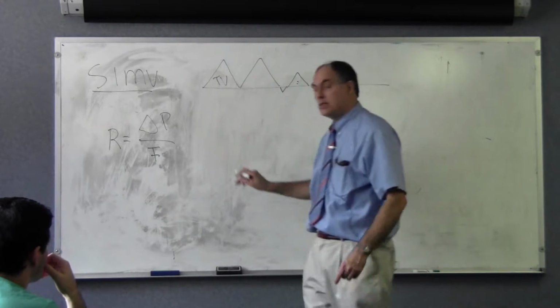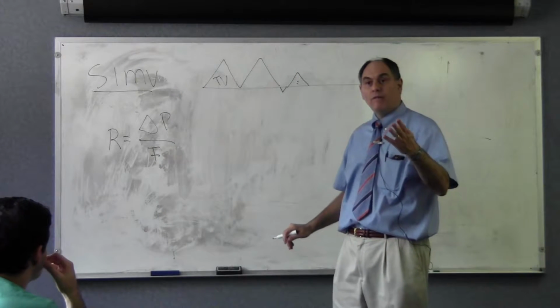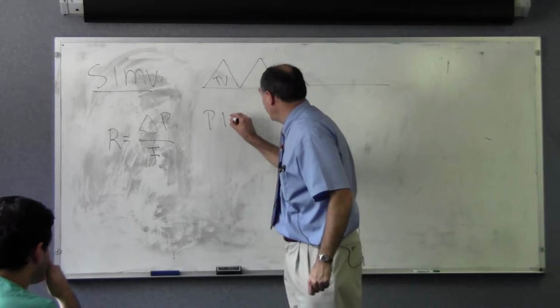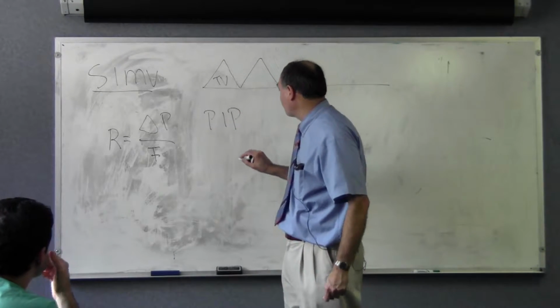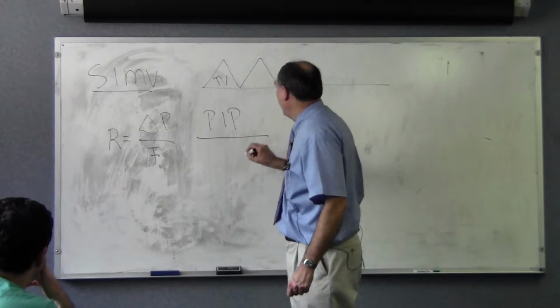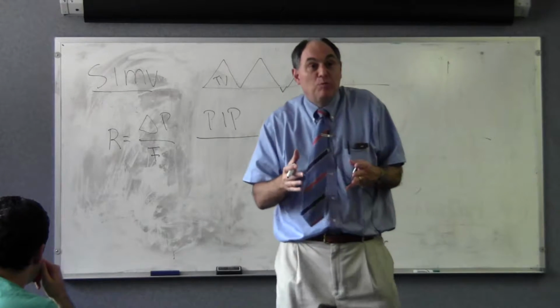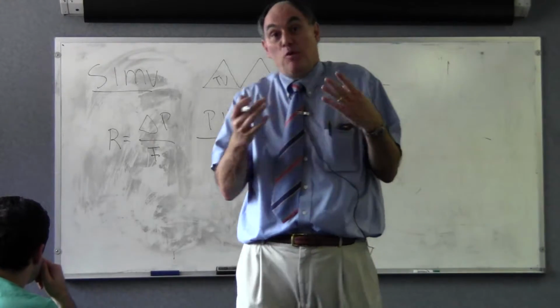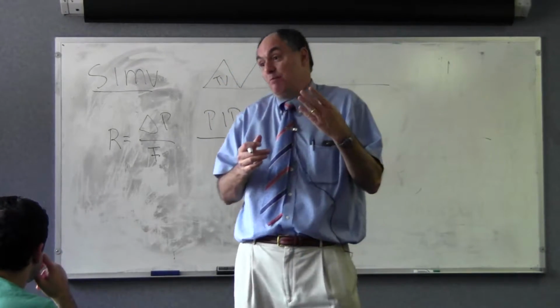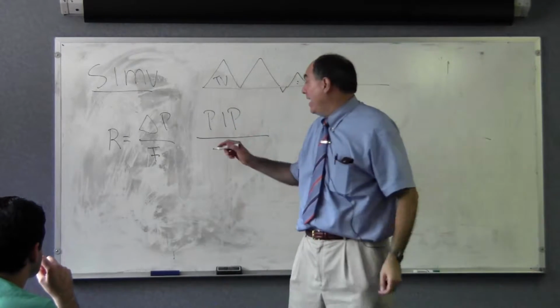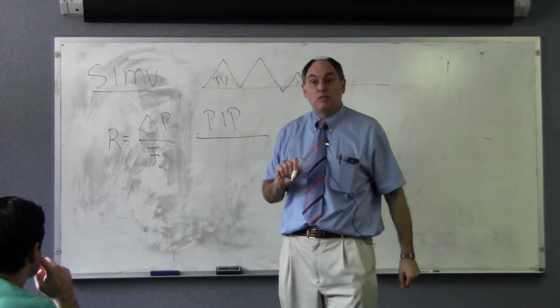So in this instance you're going to look at the pressure with air movement, which is the PIP, peak inspiratory pressure, over the flow, which in this case will be the flow that's set. So it's either 40 liters per minute, 60 or 100, okay? And that will tell you how much pressure support.